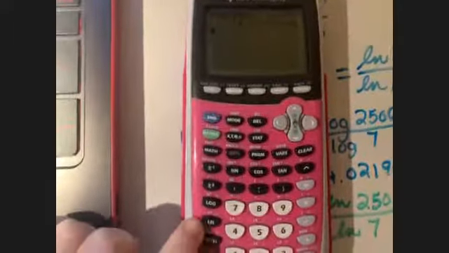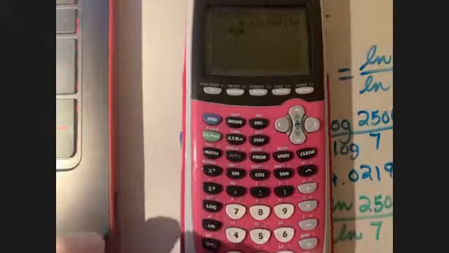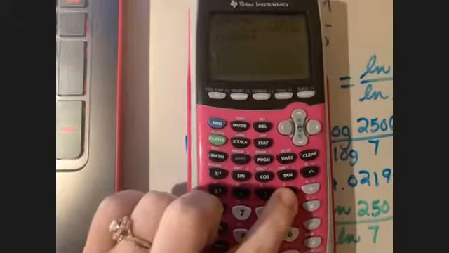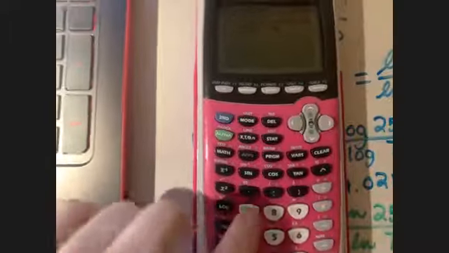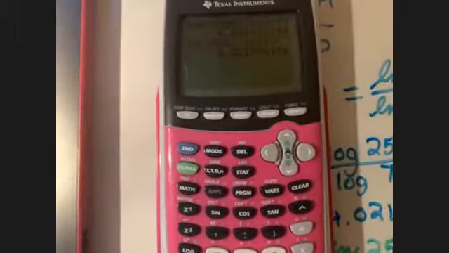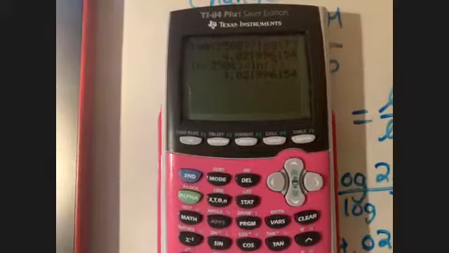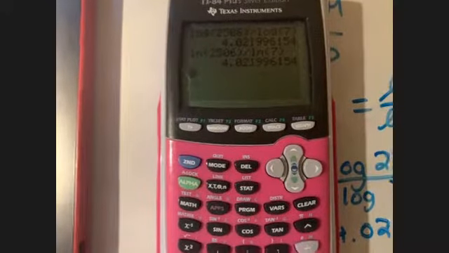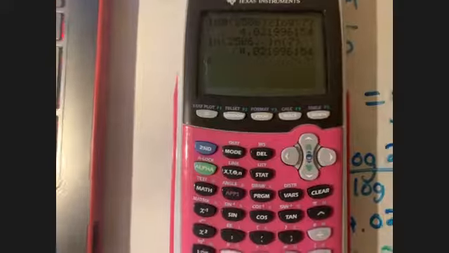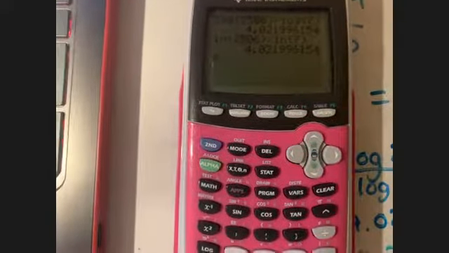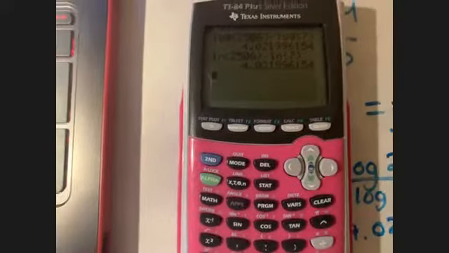So I'm going to hit natural log 2506, and I'm going to close that set of parentheses, divided by natural log of 7, and again, I'm going to close that set of parentheses. And guys, notice I get the exact same answer. It is the exact same answer because we're still just looking for log base 7 of 2506. So we anticipate that we should get the same answer.